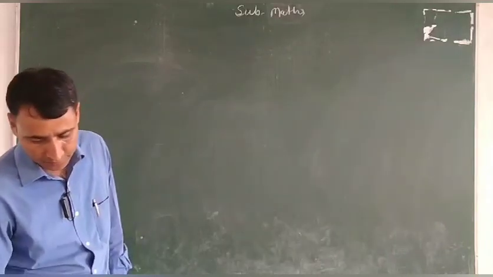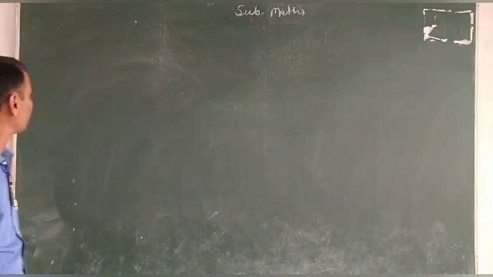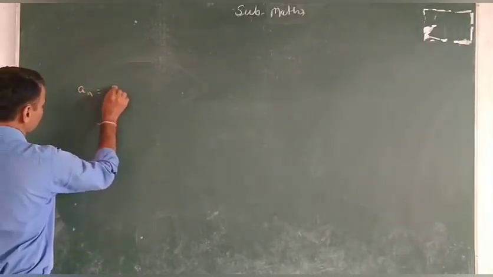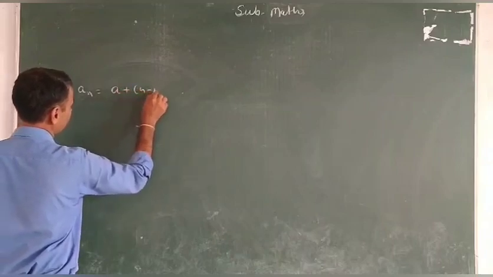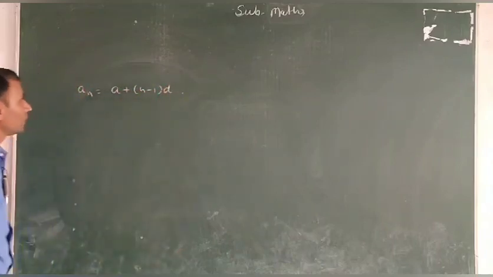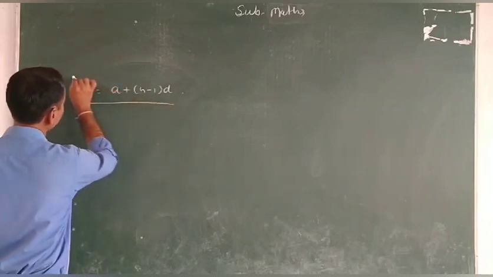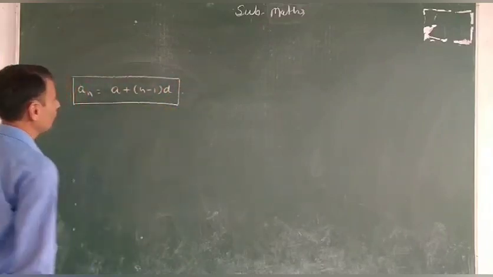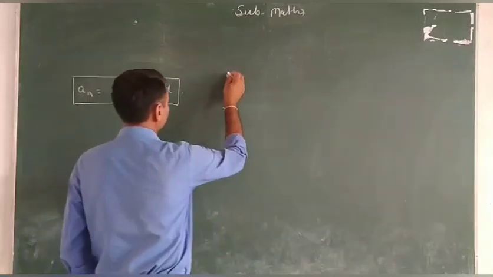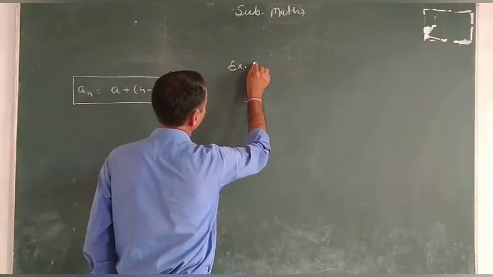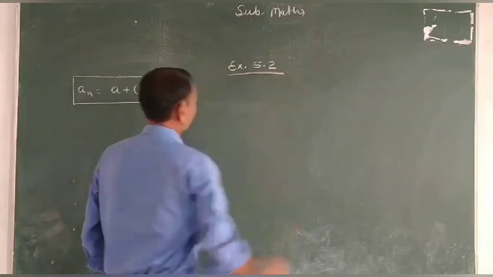In this exercise, we are going to use the formula An is equal to A plus N minus 1 into D in various situations. So for that, we have to go to exercise 5.2.